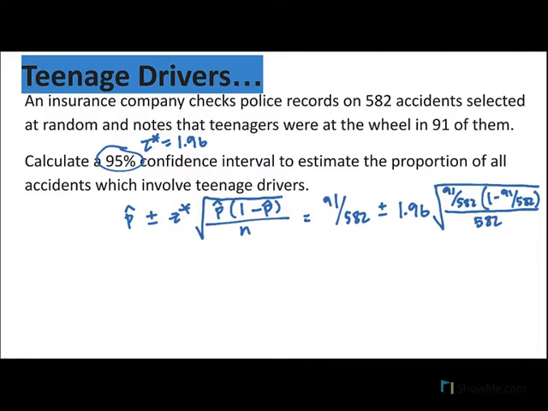So notice I just kept the p hat as a fraction for everything, just to make it less rounded. Now when I actually figure this out in my calculator, there are several different ways that you can get around the whole fraction thing. Again, if you divide 91 by 582, we get a decimal that's kind of long.